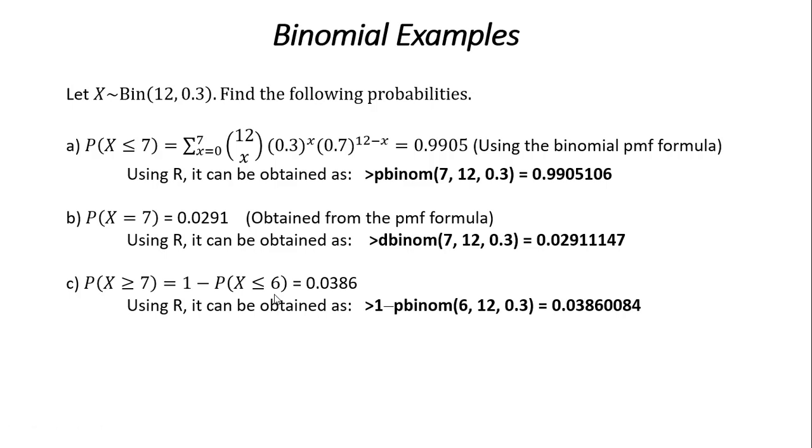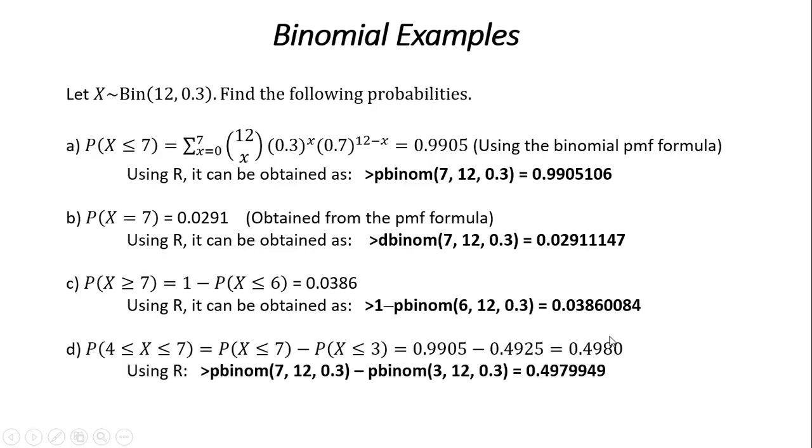We could work this out using a PMF, and we get the answer 0.0386. Using R, we would write the code as 1 minus pbinom(6, 12, 0.3), because we're still using the cumulative, and in R we get 0.03860084.